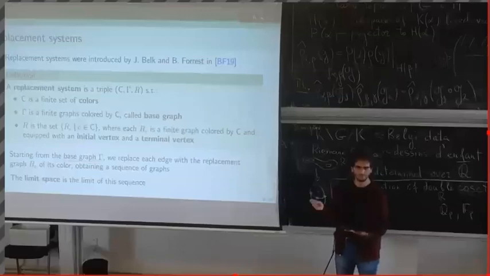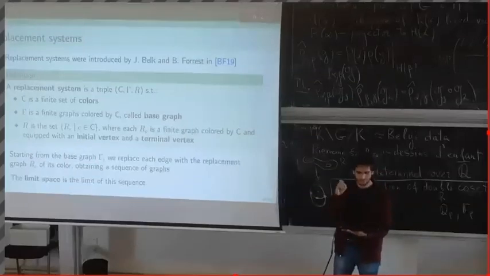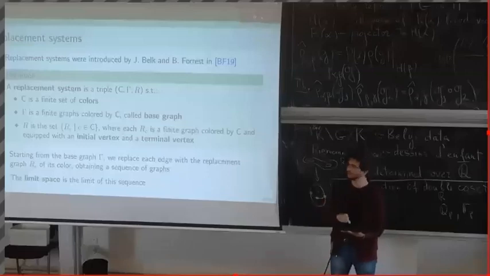So there is a different rule for each color. Now I think you understand that if I choose every edge of the base graph and replace it, and then choose each edge of the new graph, I get another graph, and I can go on and replace everything furiously, infinitely many times. This gives a sequence of graphs whose limit is essentially what we call the limit space.